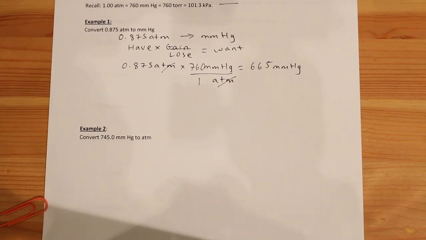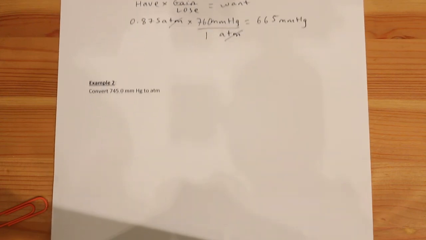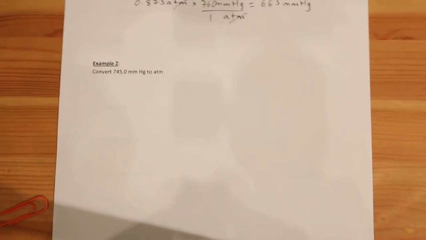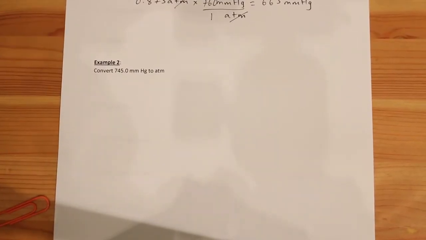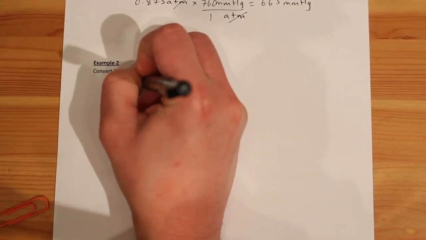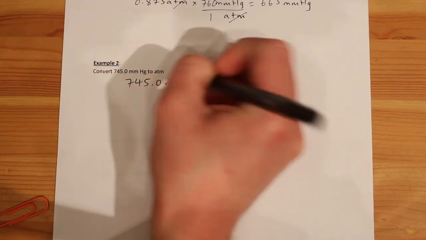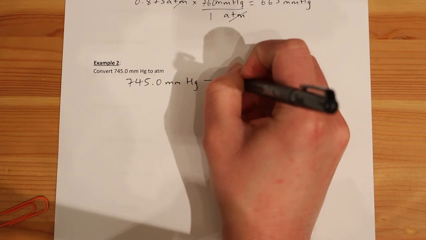Okay, so we've done example 1. Now let's quickly look at example 2. I'm just going to quickly grab my calculator. Okay, so it says convert 745.0 millimeters of mercury to atmospheres.